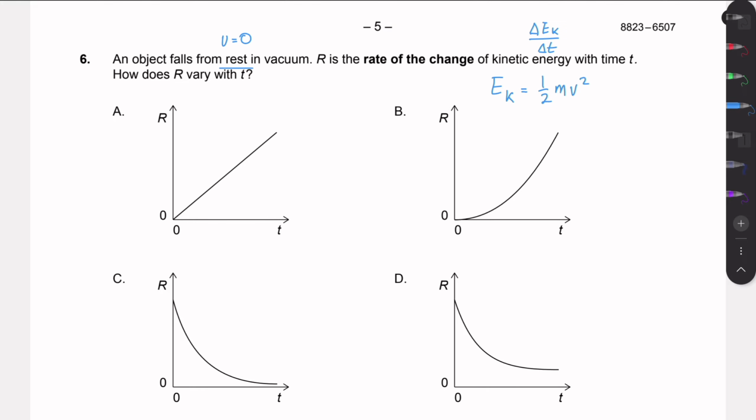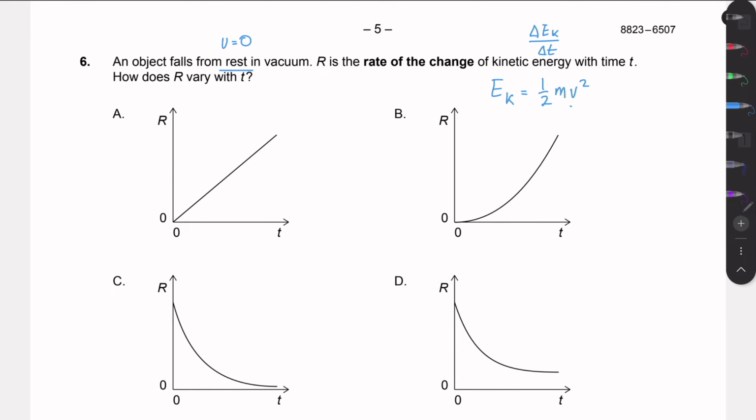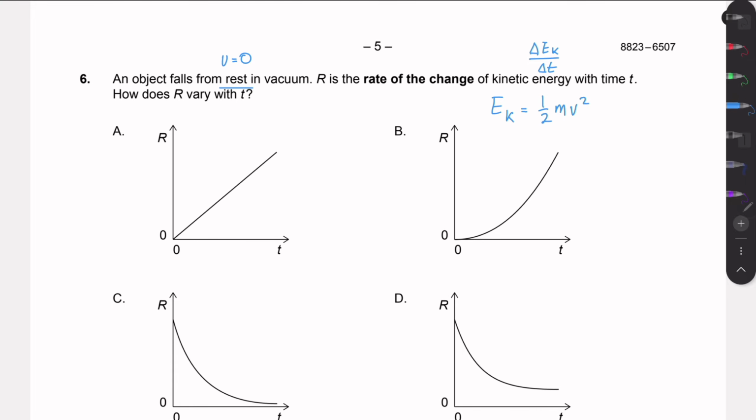But if we do some smart substitutions, then we can get this function in terms of t, so that we see the kinetic energy as a function of time. And how we can achieve that is by replacing this velocity with some function of time. And well, what equation can we use that relates velocity, acceleration, and time?